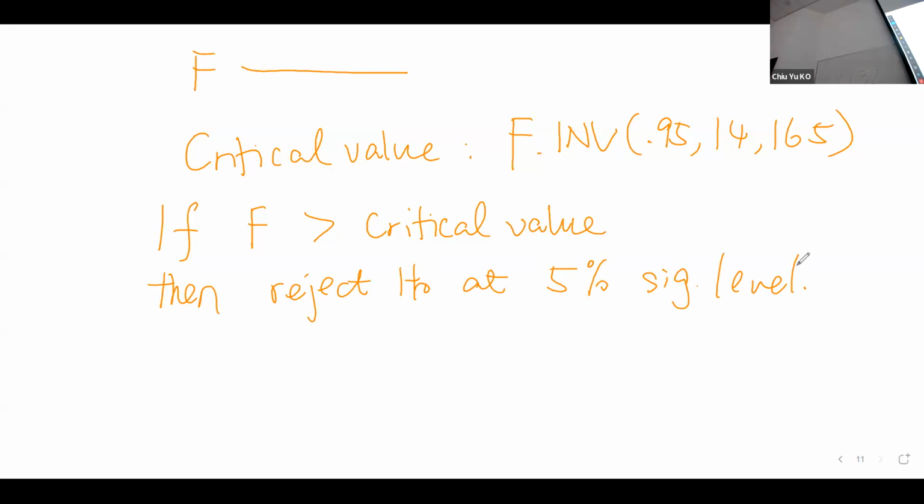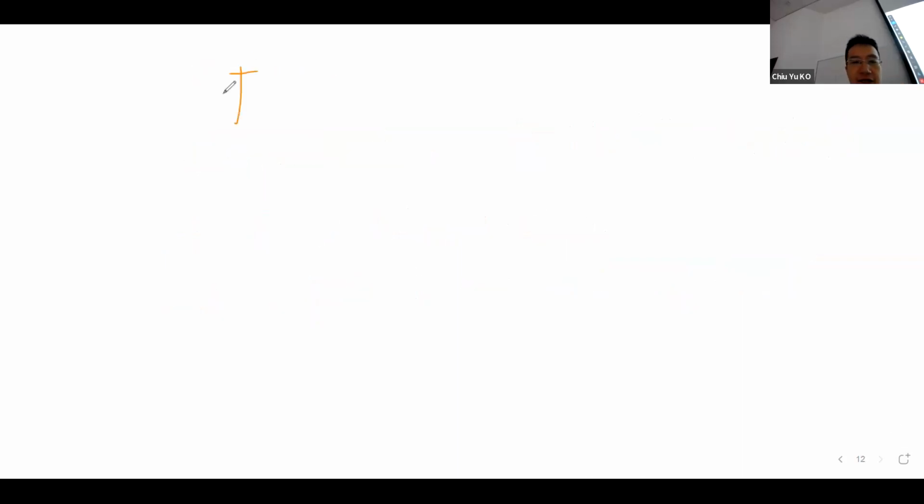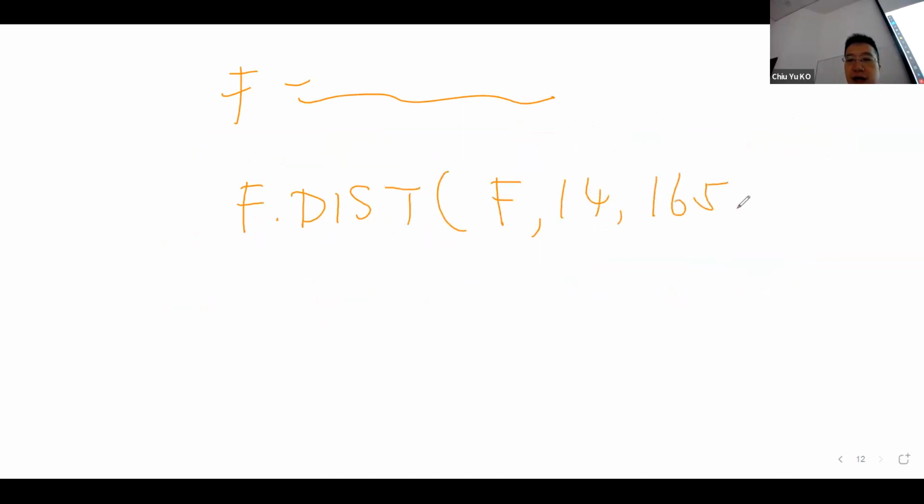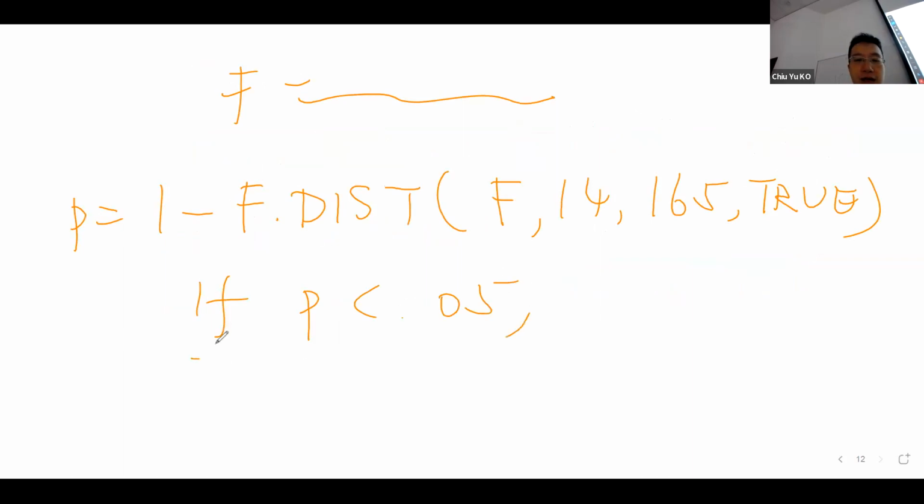If you just write down this kind of thing, or you write down the p-value, that is also fine. You can calculate F, so P is equal to 1 minus F distribution at 14, 165; if P is less than 0.05, then reject.